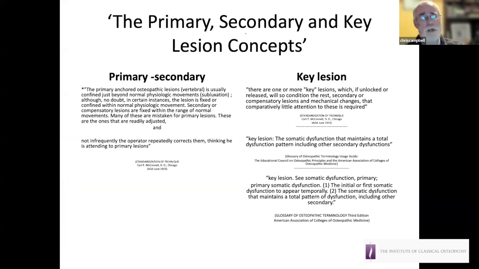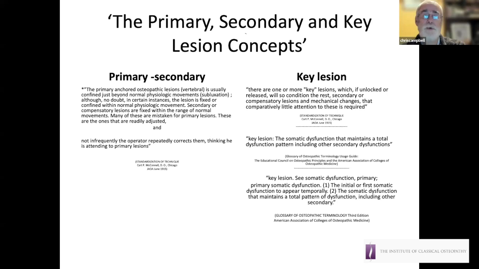Here he talks about the primary lesion being anchored, usually confined just beyond the physiological movements, although no doubt in certain experiments it may be fixed or confined within them. Secondary or compensatory ones are fixed within the range of normal movements. And he says that many people mistake one for the other, mistake the secondary for the primary.